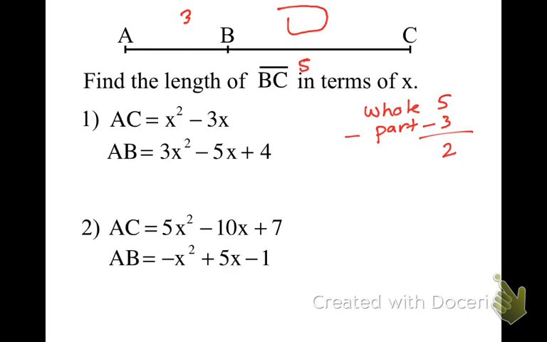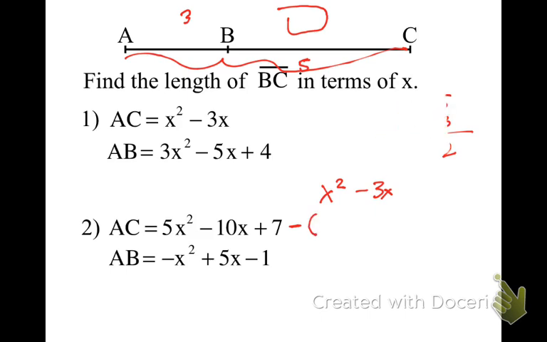Well, we're going to do the same thing here. We're going to take the whole, which is AC, that whole thing, x squared minus 3x, and we are going to subtract the part, sorry, it's such a mess here, the part AB, which is right here.